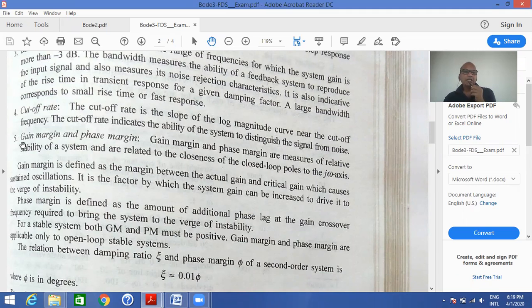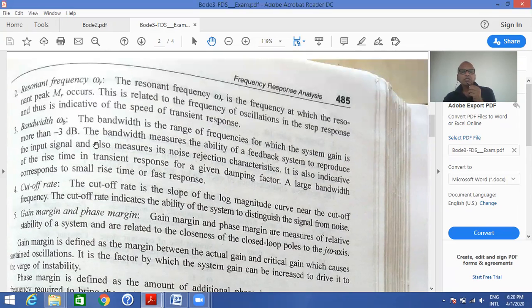Then fifth are the gain margin and phase margin. Gain margin and phase margin are measures of relative stability of the system and are related to the closeness of the closed loop poles to the j omega axis. These are the frequency domain design specifications used if you want to design the control system in the frequency domain.